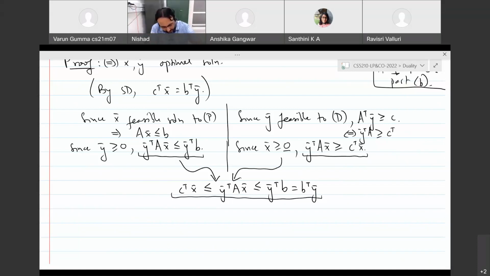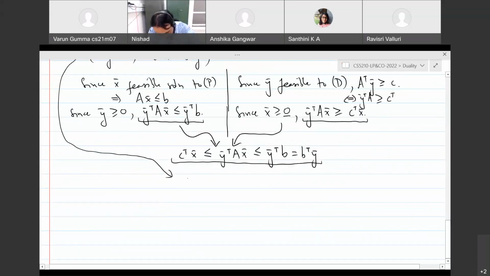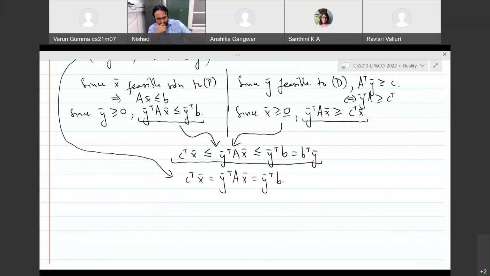Because of strong duality, we know that everything holds with equality. So, in particular, c transpose x bar is equal to y bar transpose A x bar is equal to y bar transpose b. In particular, what we are saying is that equality holds everywhere, because otherwise you would not have an equality between the left and the right.